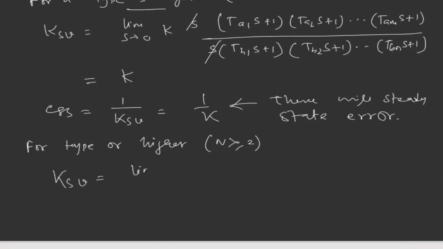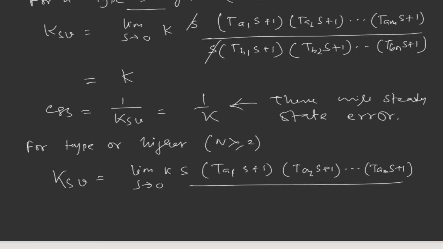We can write limit s tends to 0 of K, which will be there anyways, times (TA1 s plus 1)(TA2 s plus 1) up to (TAM s plus 1), divided by, since it is a higher order system, s to the n times (TB1 s plus 1)(TB2 s plus 1) up to (TBN s plus 1).